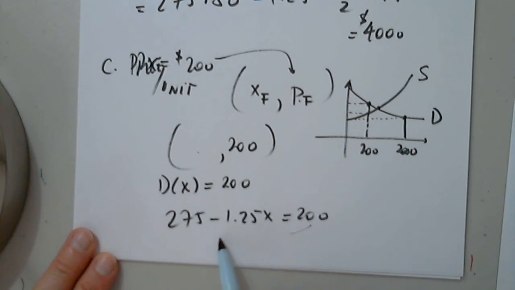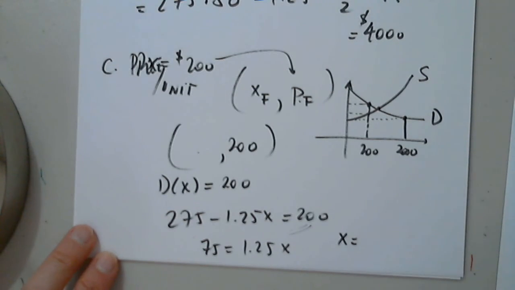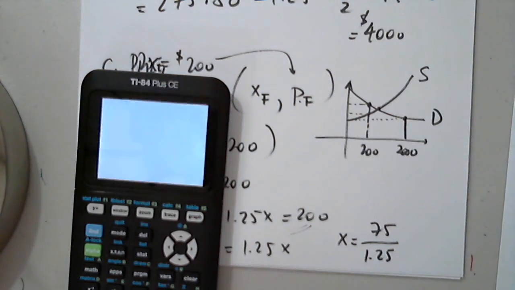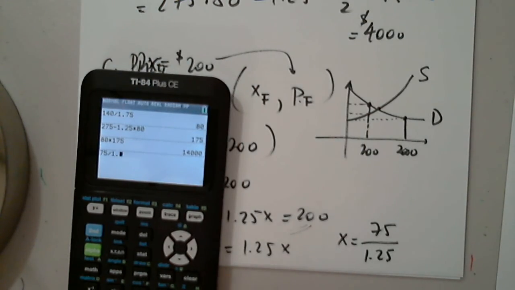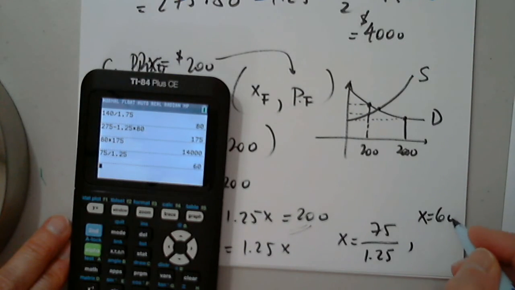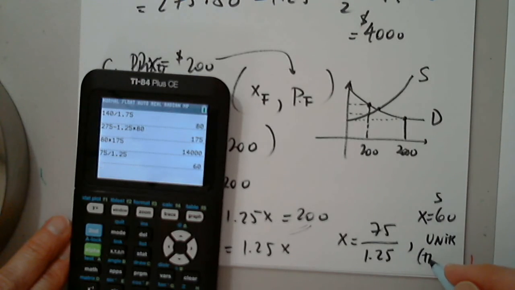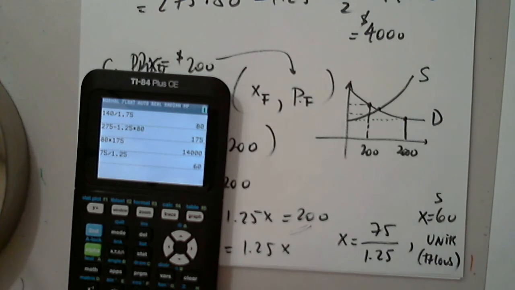So I move 200 here, subtracting. So I have 75, and I move this to the other side, 1.25x. So x will be 75 over 1.25. So let's see the number of units in thousands. 75 divided by 1.25, I got 60. So x equals 60 units, but it's thousands.